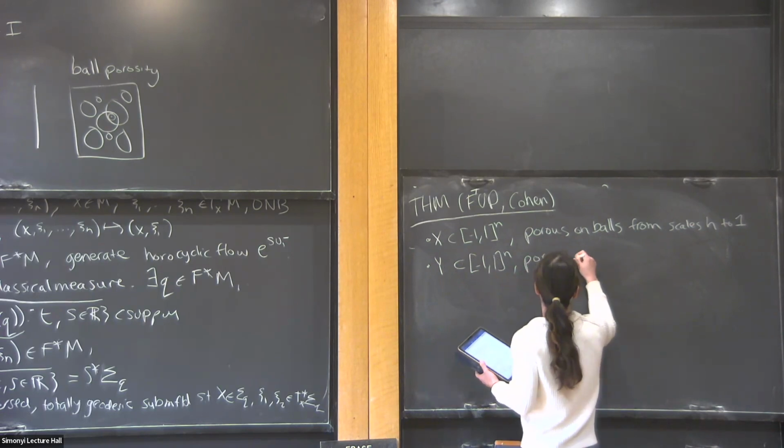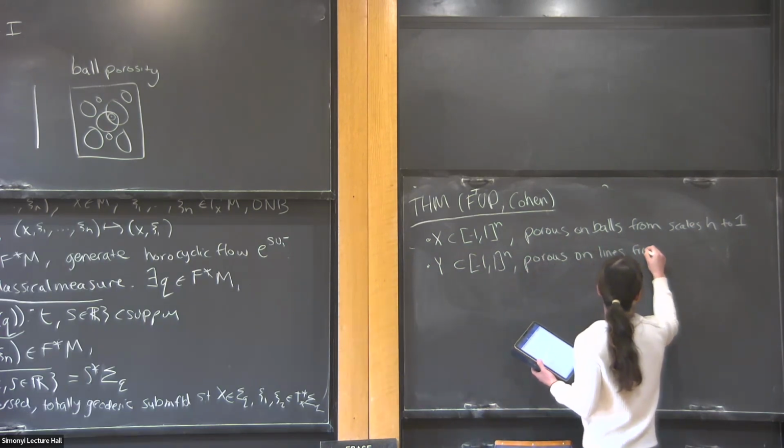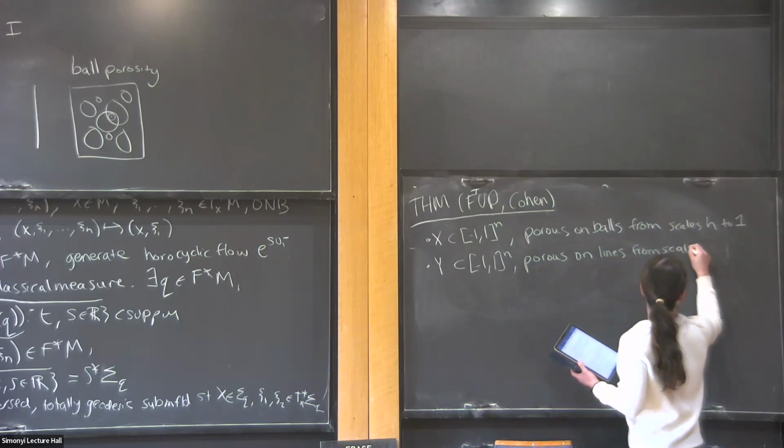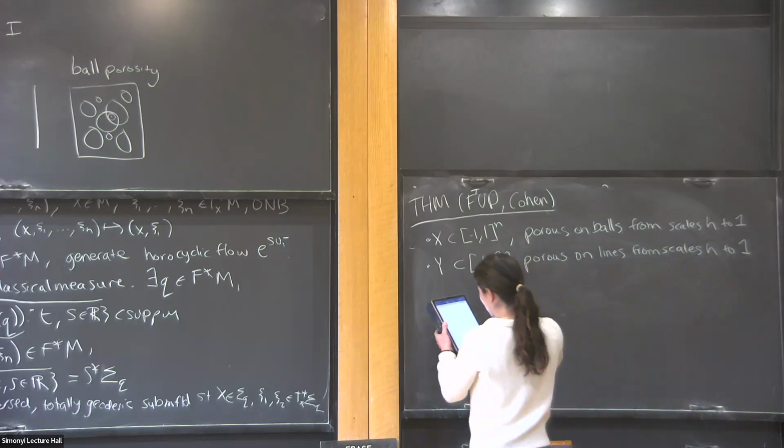And we want another n-dimensional set Y to be porous on lines from scales h to 1. Then the following holds.